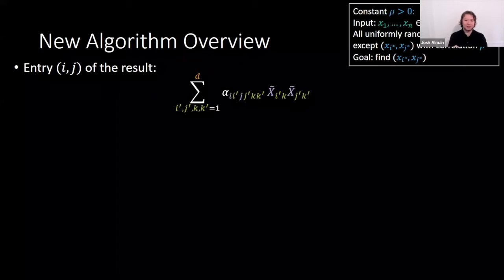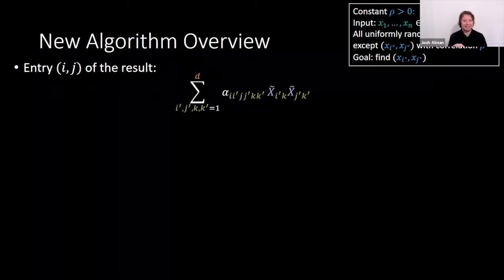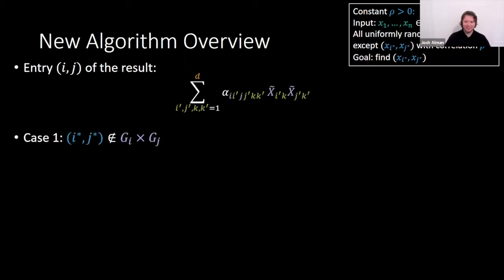We can still do the same kind of two-case analysis as before, where we analyze the mean and the standard deviation of what this sum looks like. Okay, so if the correlated pair is not in this pair of groups, each of these terms is still a sum of random -1, 1 values, but they're being multiplied by these coefficients of the tensor.